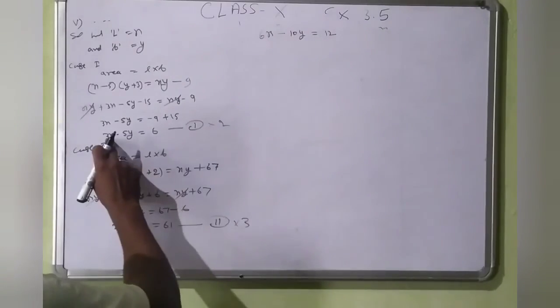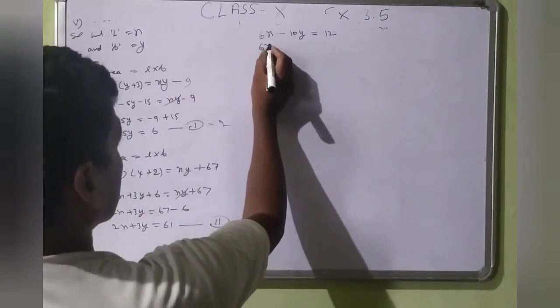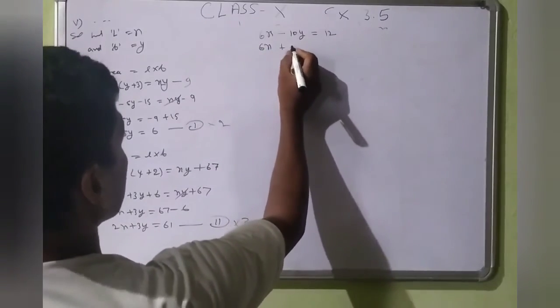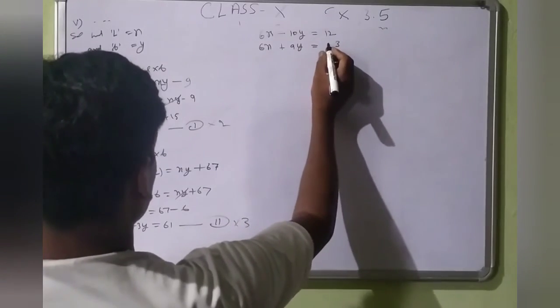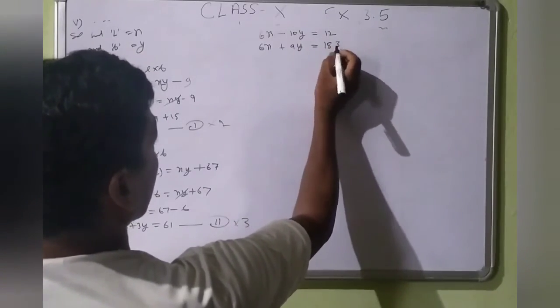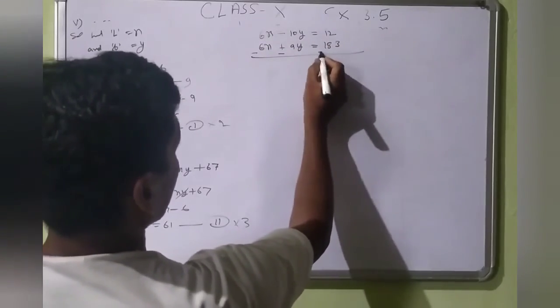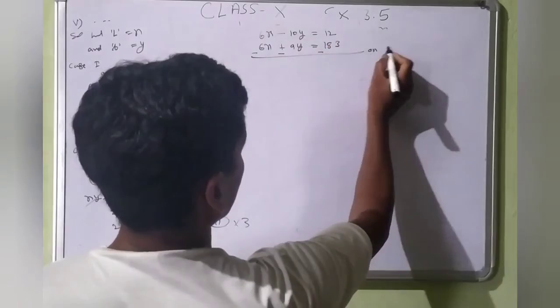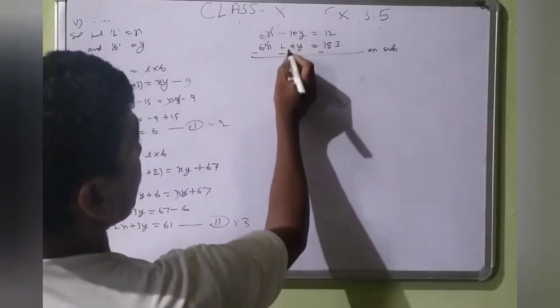And multiplying the other: 2 times 3 is 6x plus 3 times 3 is 9y is equal to 3 times 61 is 183. Now x is equal, but we will change the sign on subtraction because we have changed the sign here.